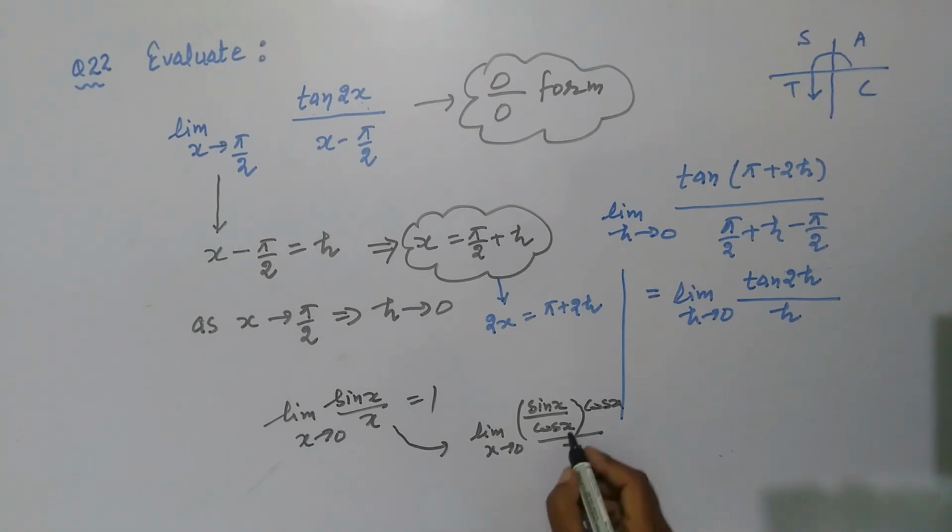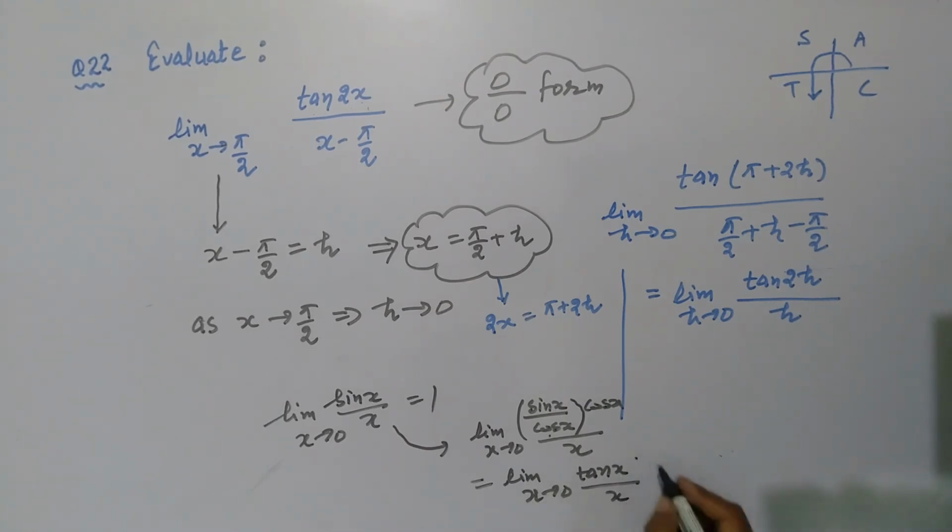What happens this way? This becomes limit x approaches to 0, sin x upon x, sin x over cos x is tangent x, so tangent x upon x, into cos of x. Now we put x approaches to 0, so cos 0 is 1, so this is 1, this is also equal to 1. So the conclusion is limit tangent x upon x is also equal to 1, right?